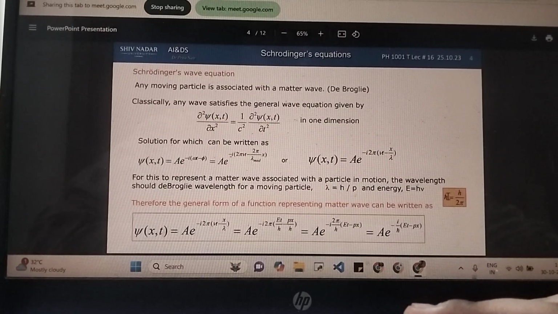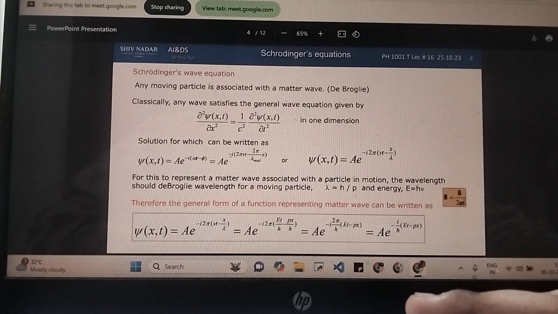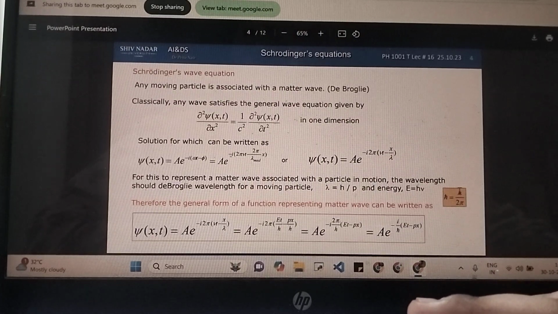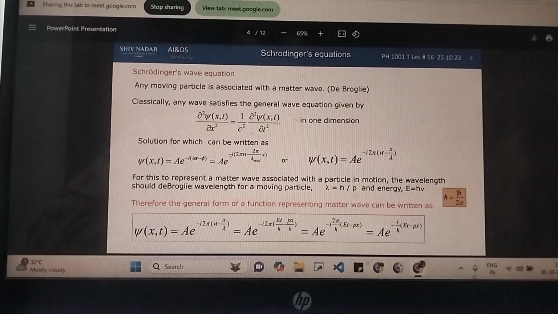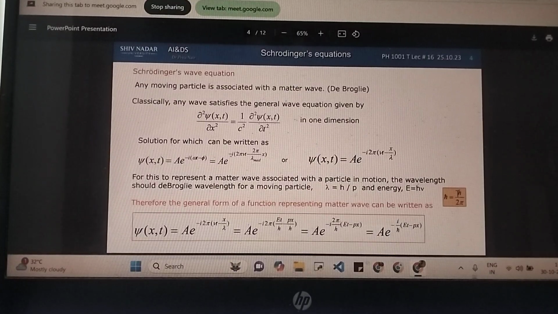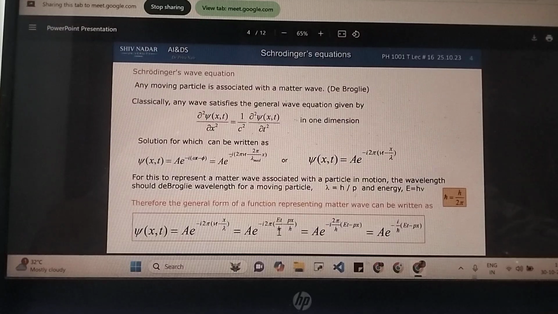And now this is one standard assumption we make: h cross is nothing but h by 2 pi. This is just for convenience, so you don't have to write h by 2 pi at every step, but because everything is a constant, for simplification in terms of writing, we assume h cross as h by 2 pi. So because you have h by 2 pi in the denominator, it becomes A e raised to minus iota by h cross (Et minus px).